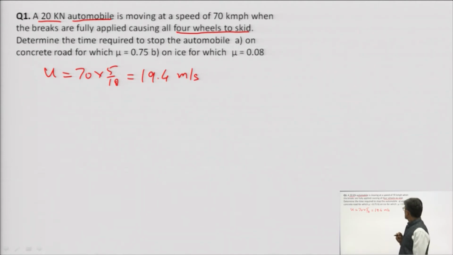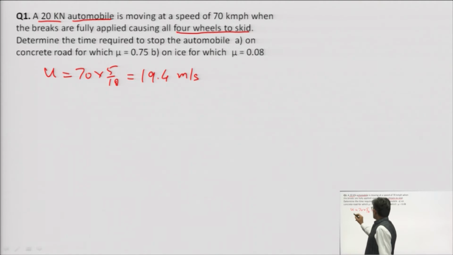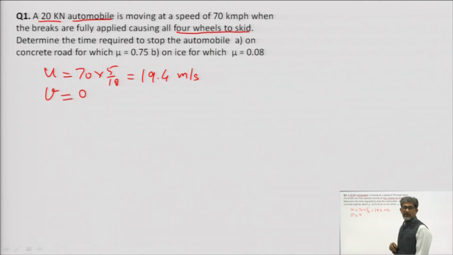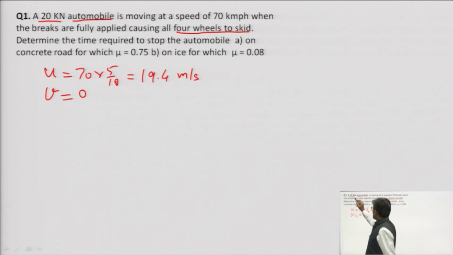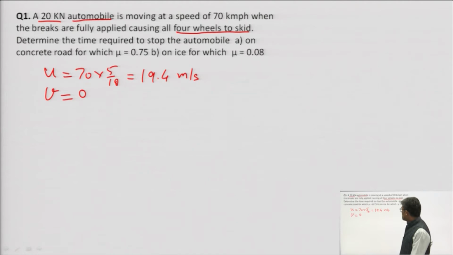So, initial velocity is this and final velocity is v, and weight is given, so mass can be calculated. So, the change in momentum we know here.